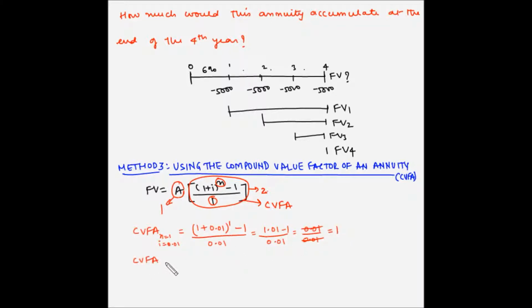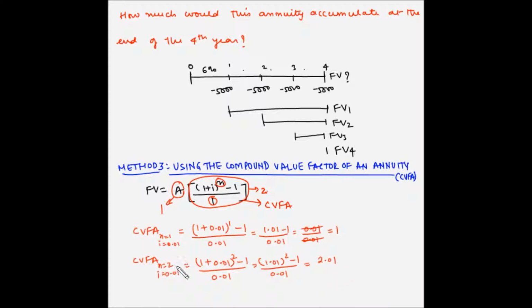CVFA, let's take when n is equal to 2 and I is equal to 0.01. So this will become 1 plus 0.01 to the power 2 minus 1, divided by 0.01. So this would be 1.01 squared minus 1 divided by 0.01, and this will be equal to 2.01.